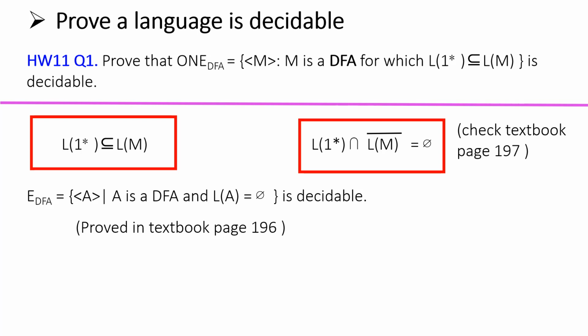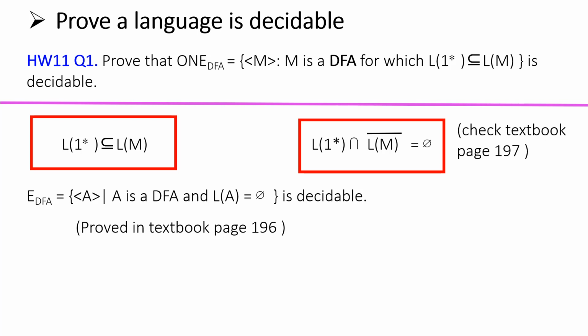This 1 star is a regular expression. Do you have some machines for it? Also, how do you check whether a set is a subset of another? What is the relationship between the left statement and the right statement? Since M is also a DFA, do you have some machine for this language intersection?